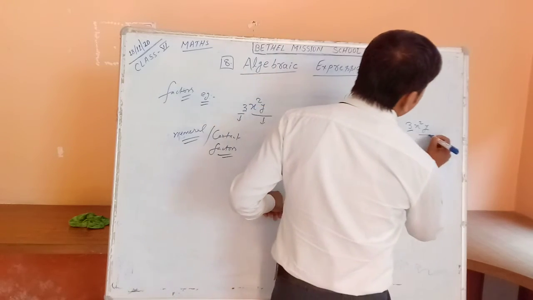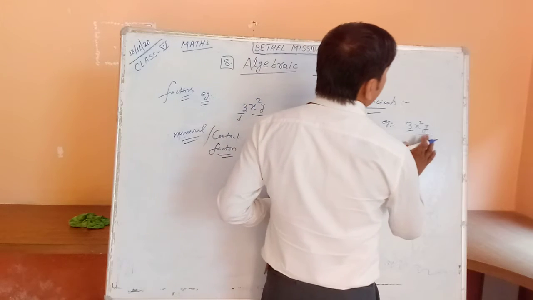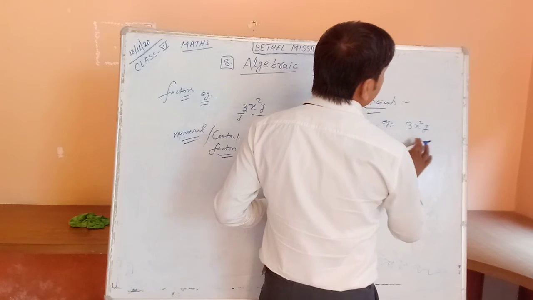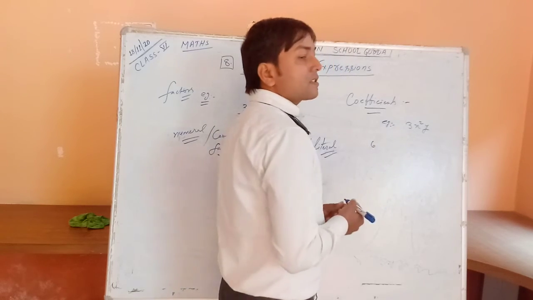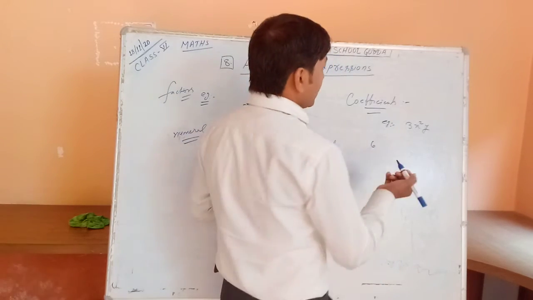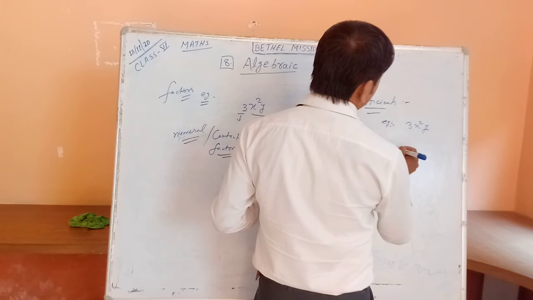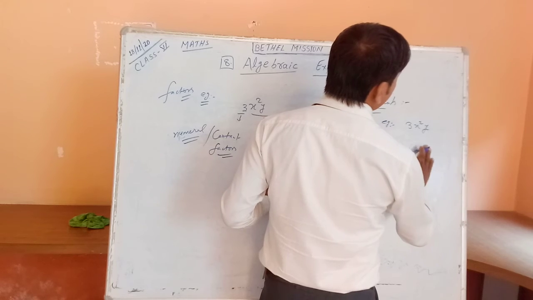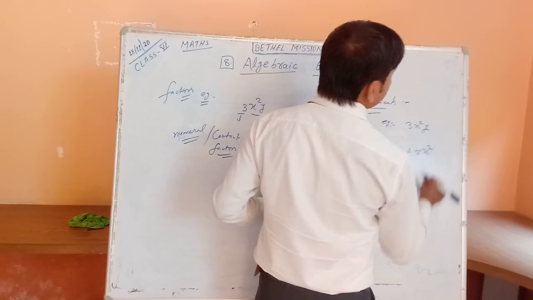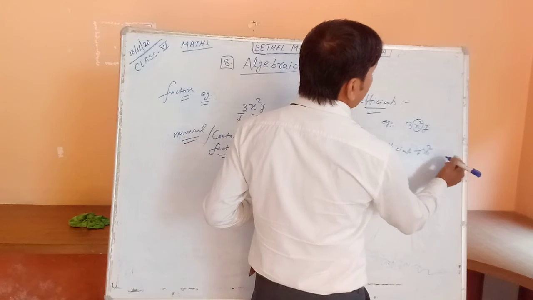Now, so here in the literal factor we know how to write the coefficient. Coefficient means multiples, we can say in an easy way. If we have to write the coefficient of x square, we will write: coefficient of x square is what? 3y.